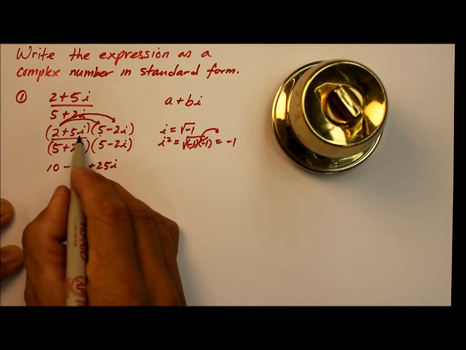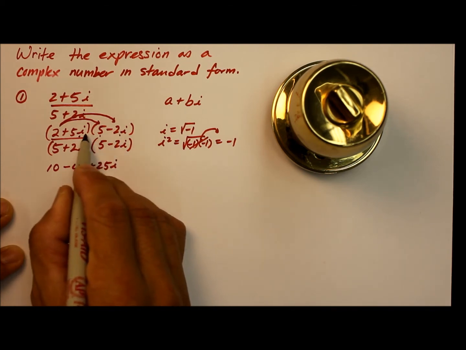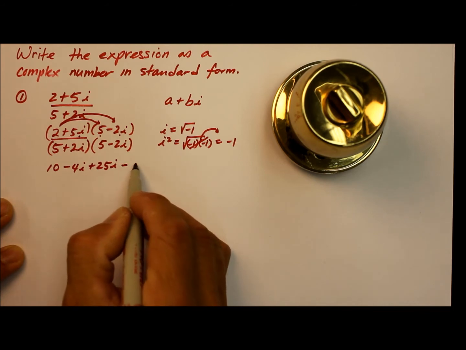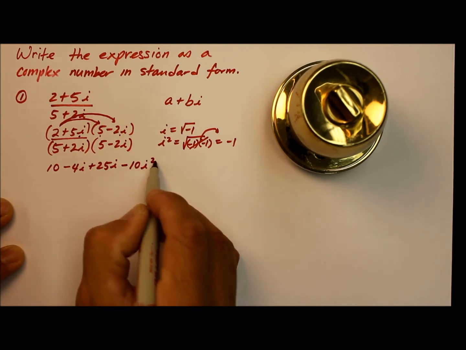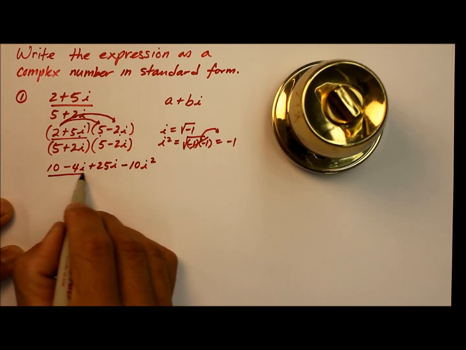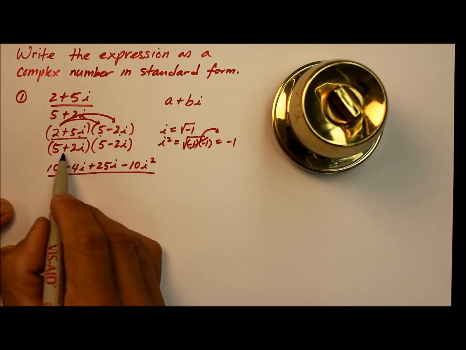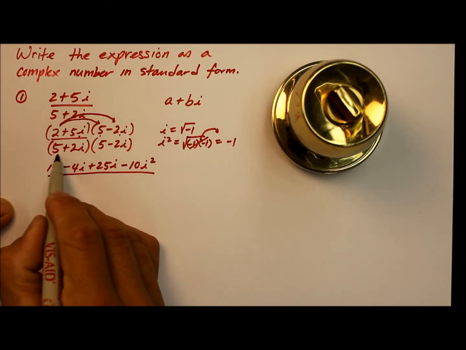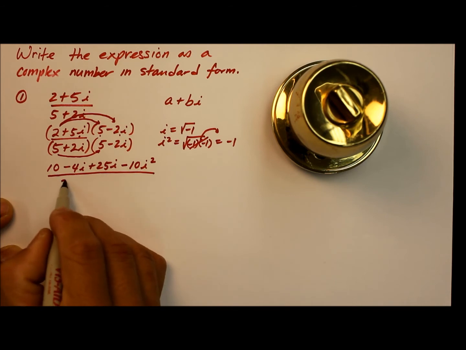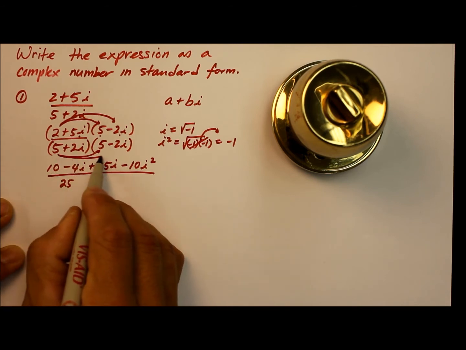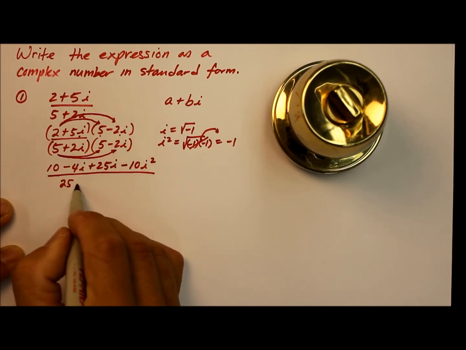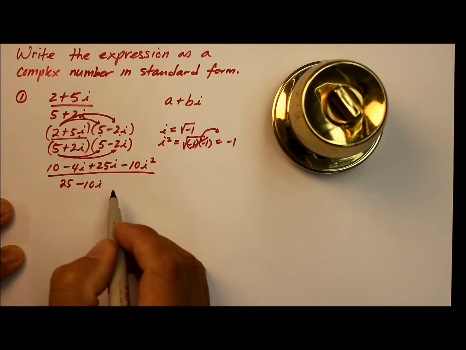And 5i positive times 2i negative, positive and negative is negative 10i squared. Over, now the bottom, 5 times 5 is 25, and 5 times a negative 2i is negative 10i.